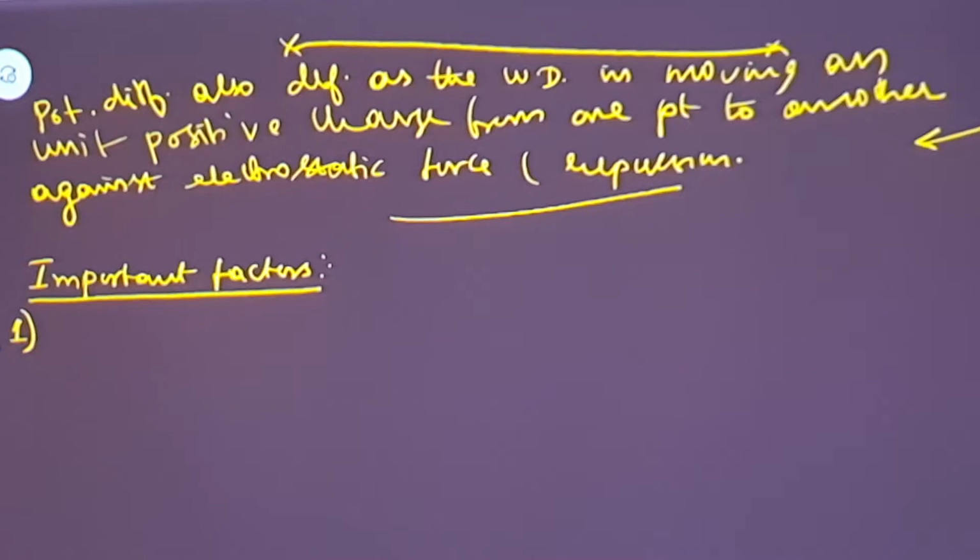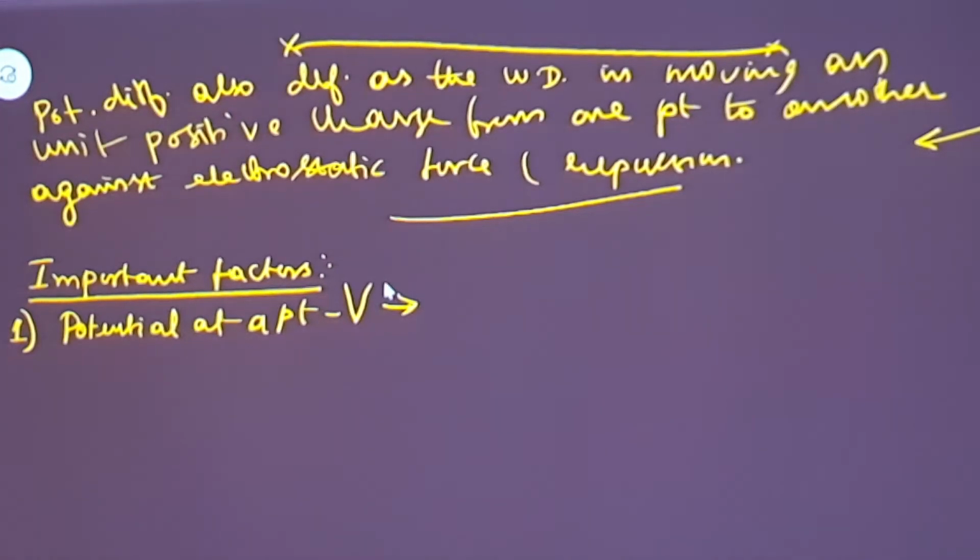First of all, I am going to talk about the potential V. So let us consider the potential at a point. Potential at a point is given by either V or Vp. On what factor does this potential depend, and on what factor does it not depend?